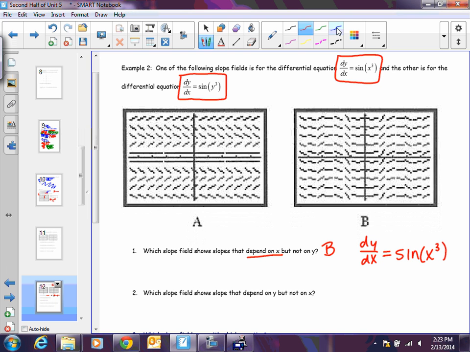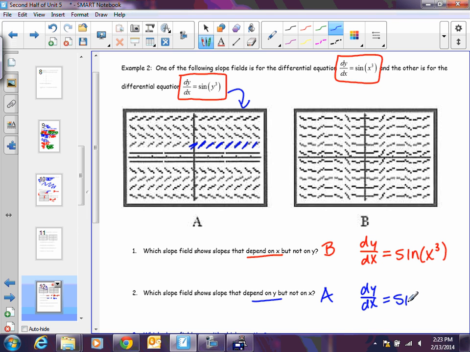Then if we look at A, and this is the difference, see how when y is 2, the slope is the same no matter what the x is. So that's how I know that one goes with A. It only depends on y. Now, some people use phrases like parallel vertically and parallel horizontally.